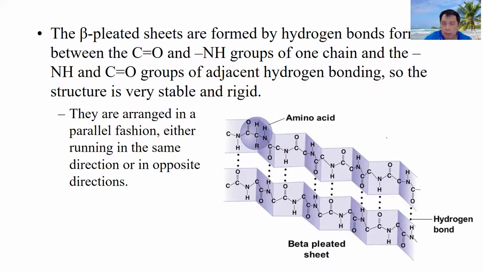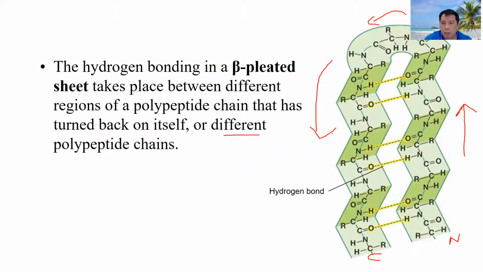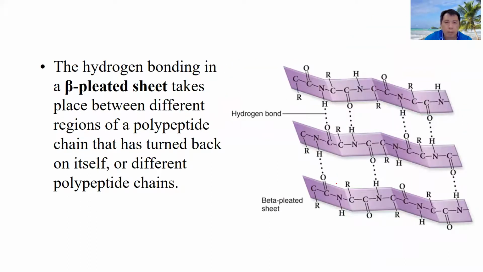If the same direction, the 3D structure is like this, with the arrows like this. If opposite direction, it's like this. For example, one goes here, the other goes there, going down here.